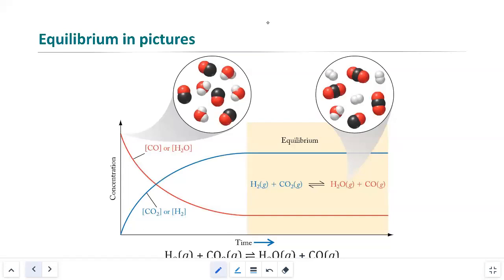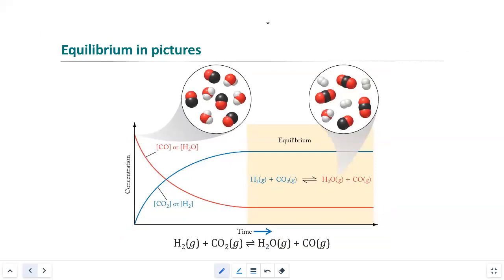How does this look in real time? Well, let's just say that we're looking at a reaction like this, where I've got hydrogen and carbon dioxide reacting to make water and carbon monoxide. That's the forward reaction.